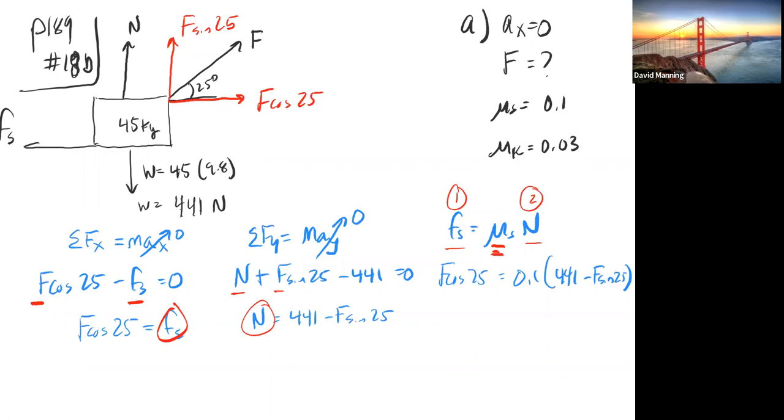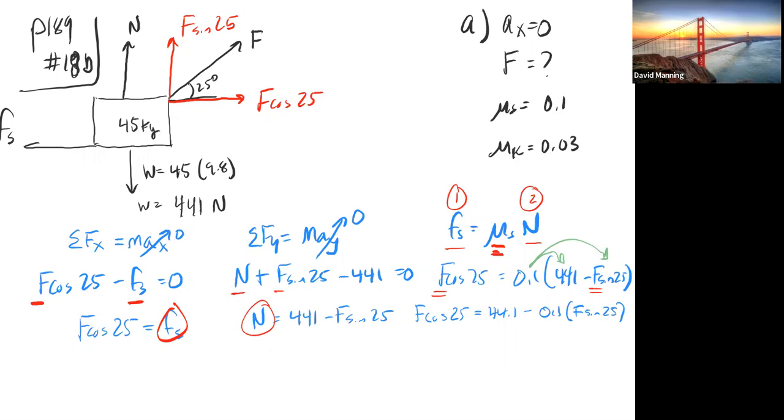Just one. All I have here that I don't know is F. So I'm going to distribute this 0.1 across, and that gives me F cosine 25 equals 44.1 minus 0.1 times F sine of 25.